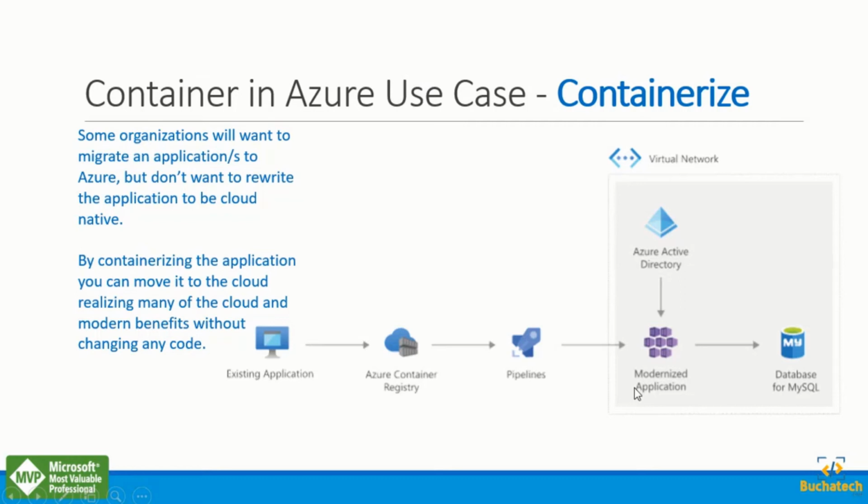You push that container to AKS running on Azure, or this could be ACI, or it even could be Azure App Service. And then on the back end, you would have a database, maybe MySQL or even Microsoft SQL database, where your data is being stored, and your container or containers are able to communicate with that database. All right, so this is a very basic architecture for running a container on Azure, and a use case for containerizing your application.